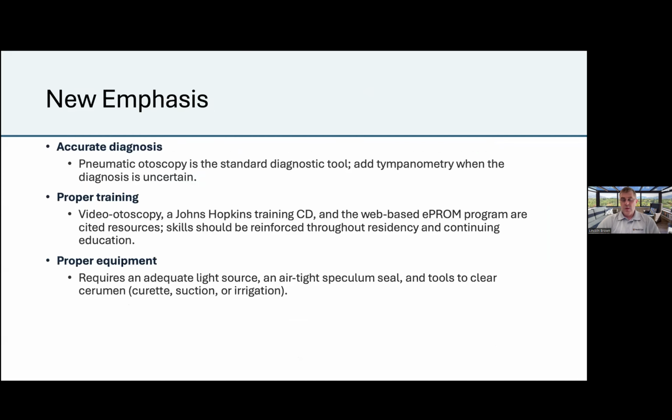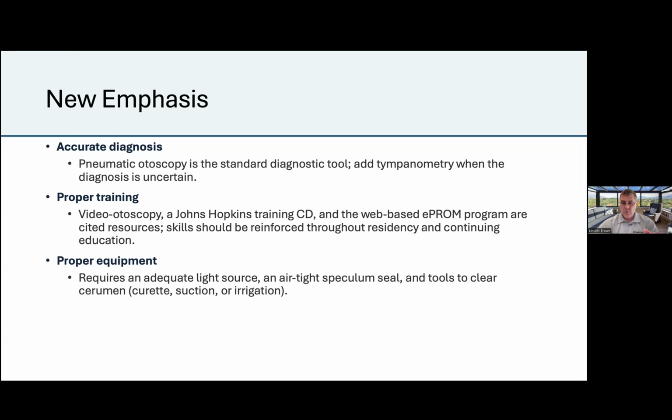They also suggest that provider skill is something that needs to be addressed, and it needs to start in medical school, followed by evaluation or continued education in residency and continuing education after residency. They listed some resources: some videos, Johns Hopkins training CDs, web-based programs.